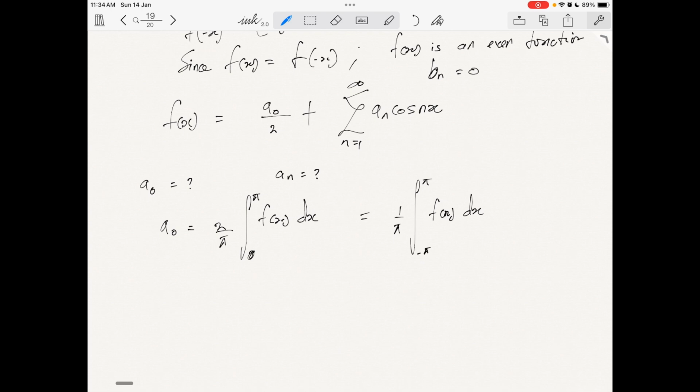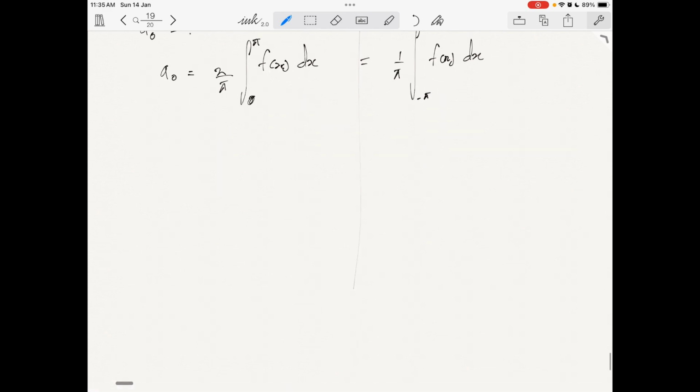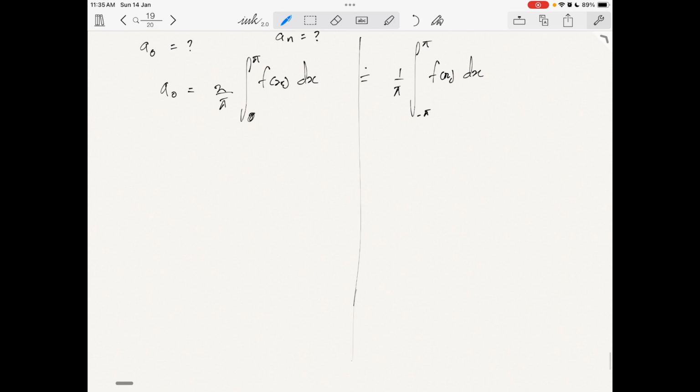To confirm that they will give us the same answer, we can slot in our f of x and integrate. So let's use the first one, where f of x is equal to x squared from the question.